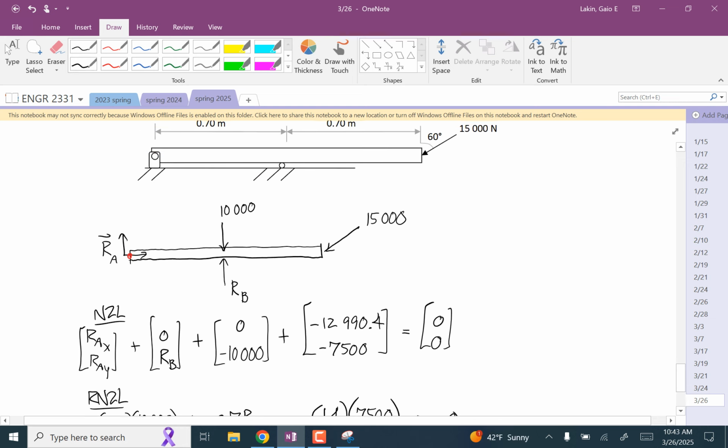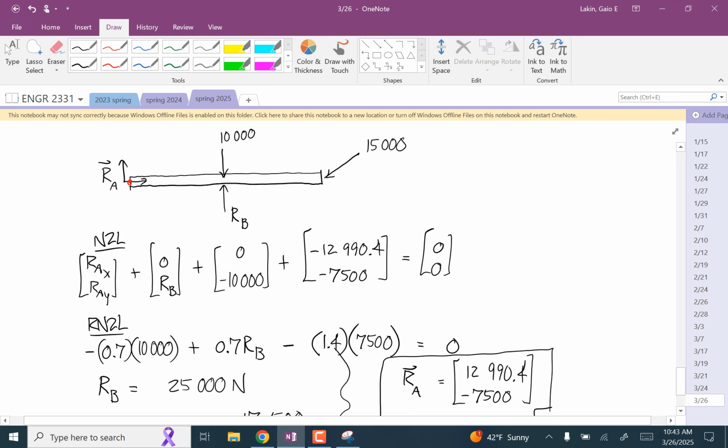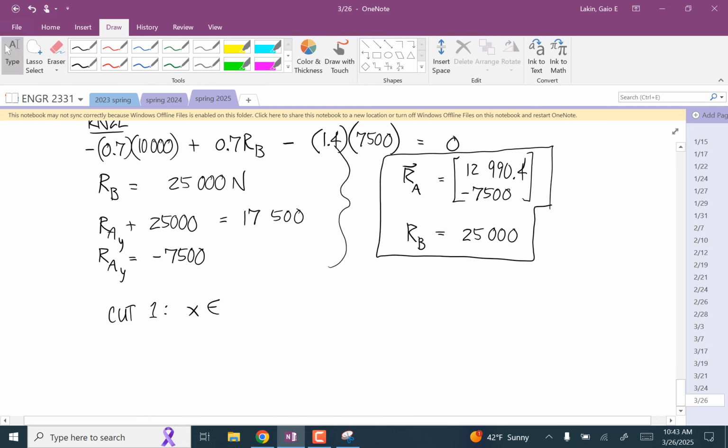And we have to do 2 cuts here. Cut 1 is for x's between 0 and 0.7.